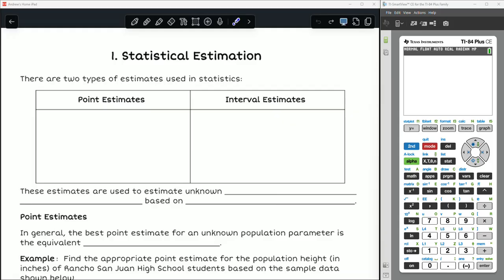And it turns out in stats, there are two ways to estimate a value. We can use something called a point estimate, which is a single value. In other words, based on prior studies, we might believe that the standard deviation in student height is 1.6 inches.